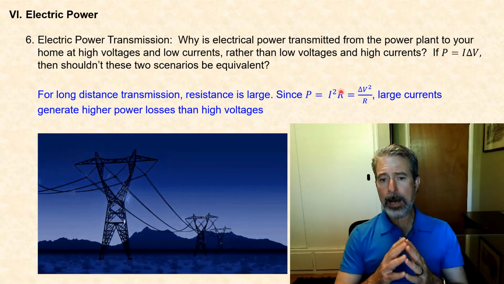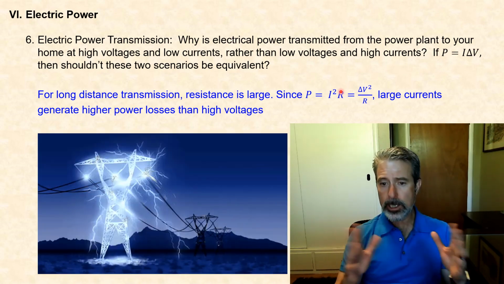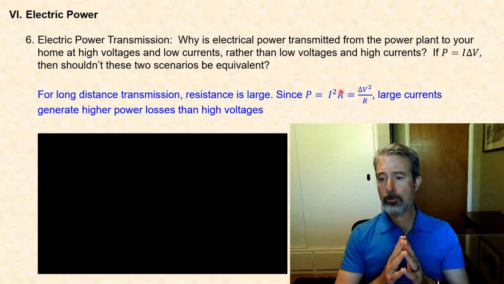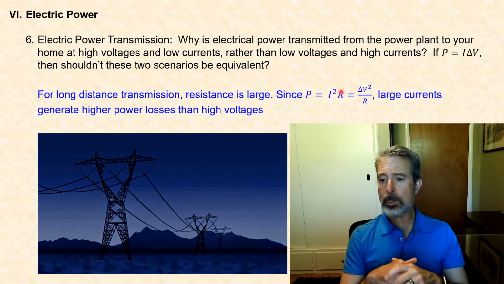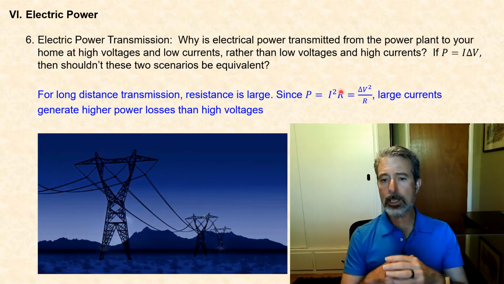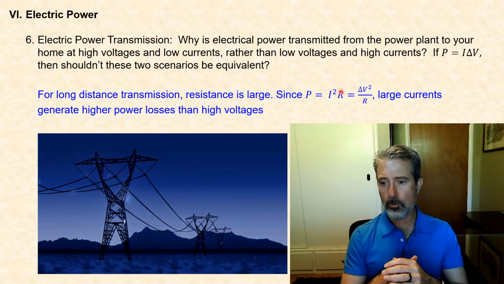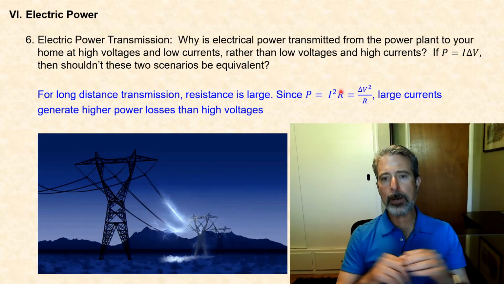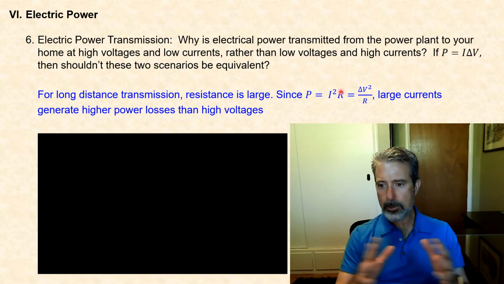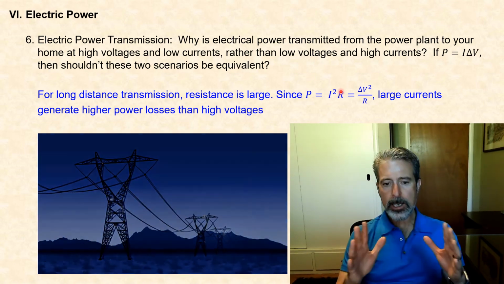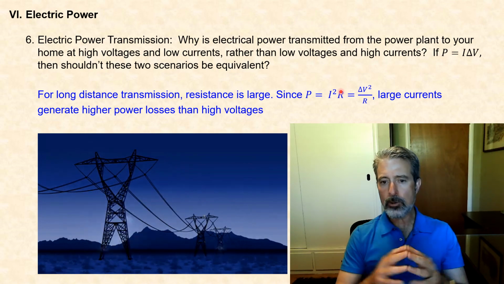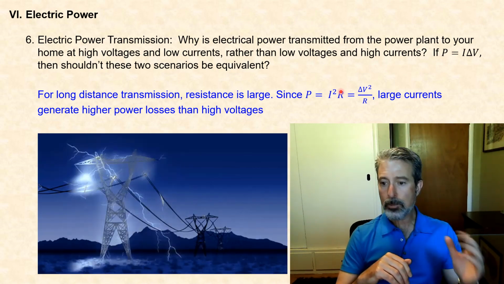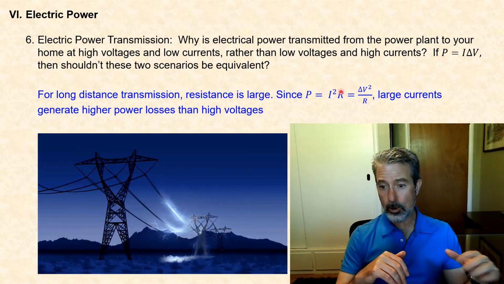So when we transmit power in this country, it is in the form of AC, alternating current. And the reason for this is that transmitting power via AC as opposed to DC allows you to use a device called a transformer. We're going to talk in much greater detail about transformers when we talk about electromagnetic induction. But suffice it to say for now that the advantage of the transformer is that you can step up or step down voltages. So typically, the power is produced at high voltage, low current.